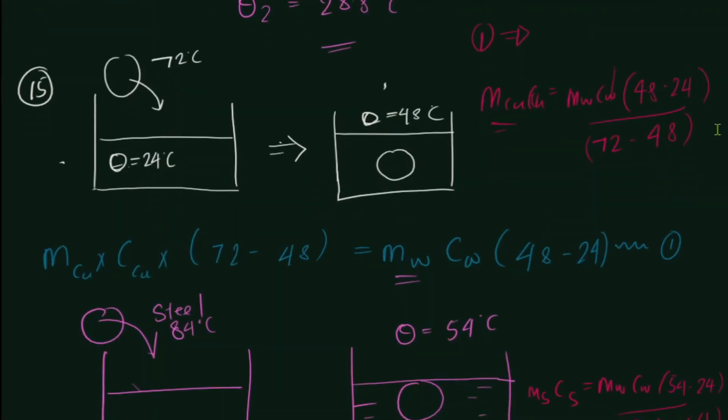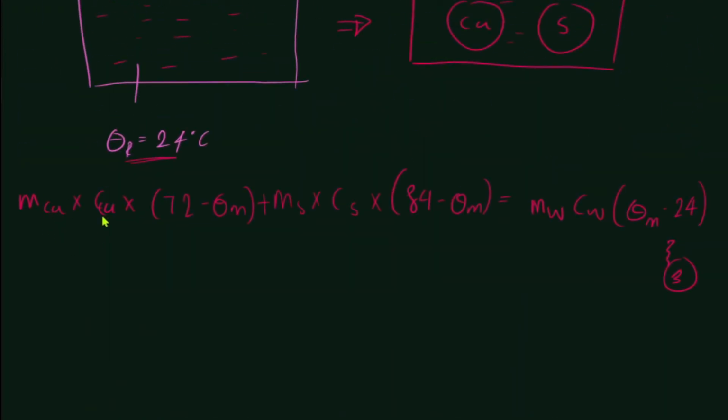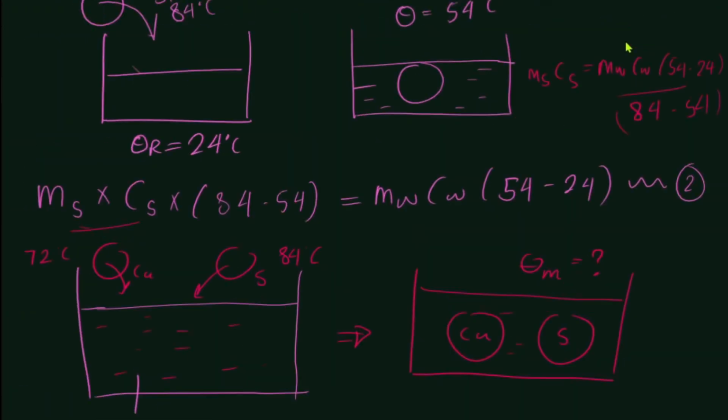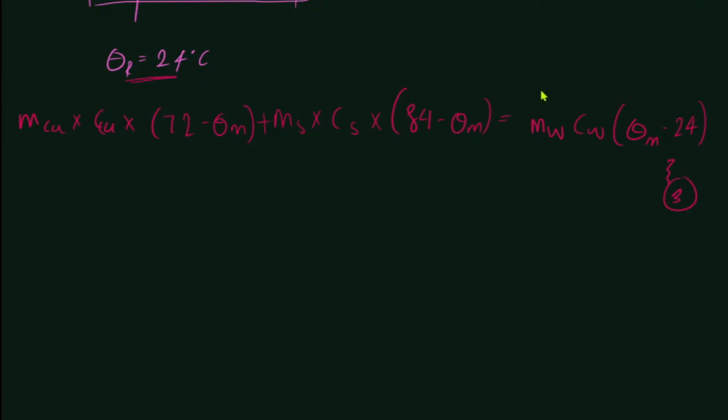This equation and this equation you are going to substitute instead of this part and this part. So m_W c_W cancels out, and if you simplify, you're going to get theta m to be 60 degrees, right?